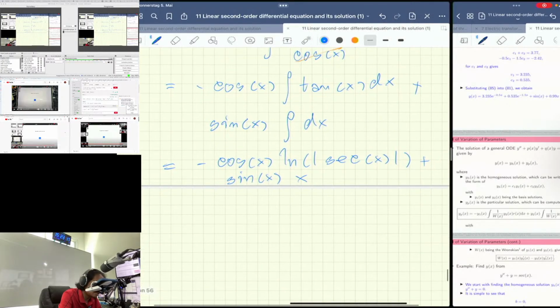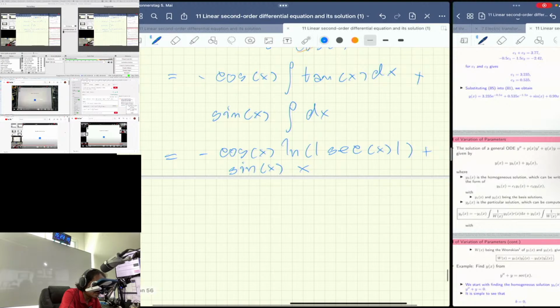So finally you can see that this is the cosine x times ln absolute secant. We're going to say it's 1 by cosine x, right? Secant is 1 by cosine x.